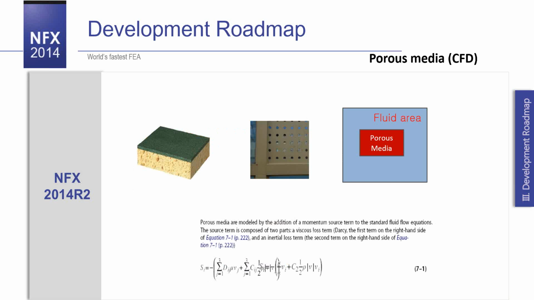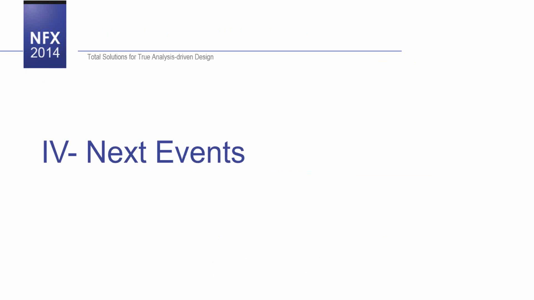And the third improvement will be the porous media, which is very important if you are modeling a material with small pores inside. So you will be able to use any kind of porous media in this next version. Of course, it's just a first look at the new improvements, but there will be more, and we'll talk about that later when we have it.